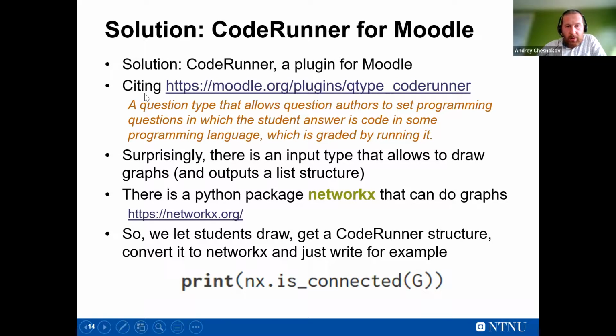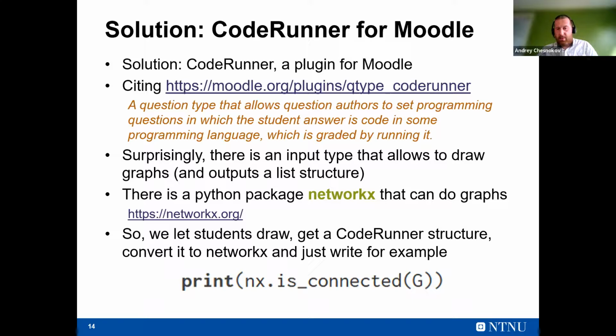So our solution uses CodeRunner, which is a quite standard plugin for Moodle, mostly meant for programming. Students just write some code, it's run through unit tests, and then if you pass, you get some score. But then, surprisingly, there is an input type that allows drawing graphs, and there is also a Python package on the net called NetworkX, that can do whatsoever with graphs.